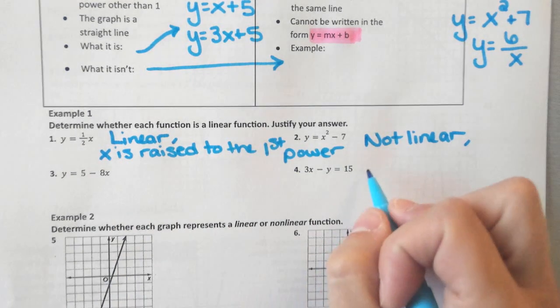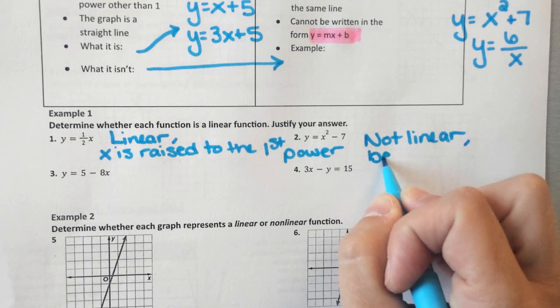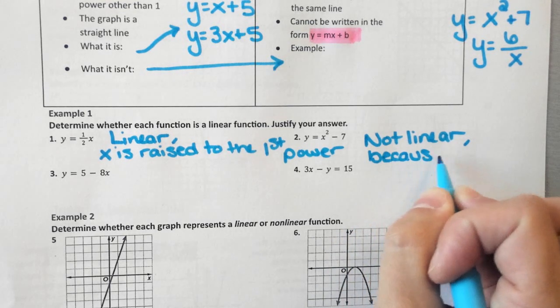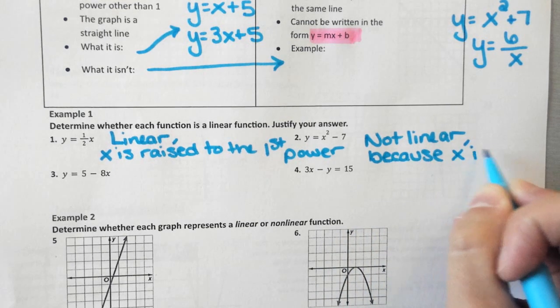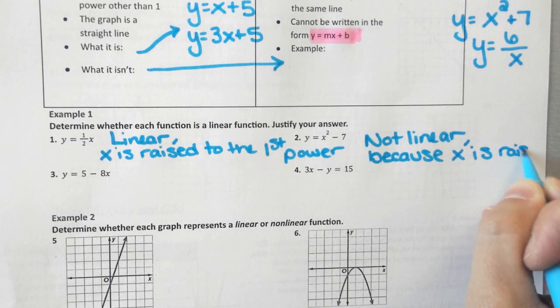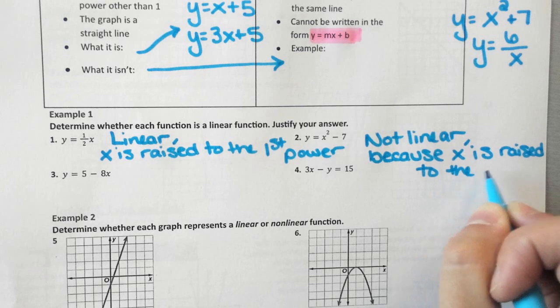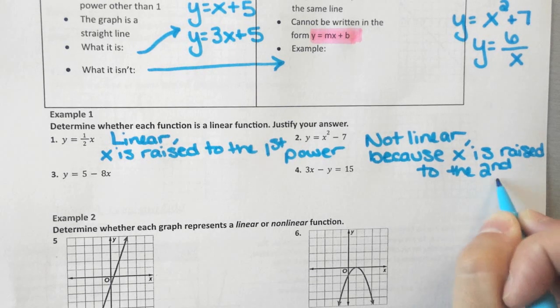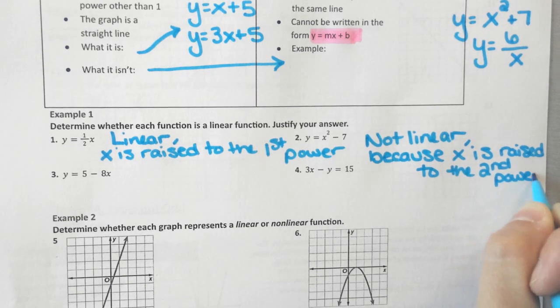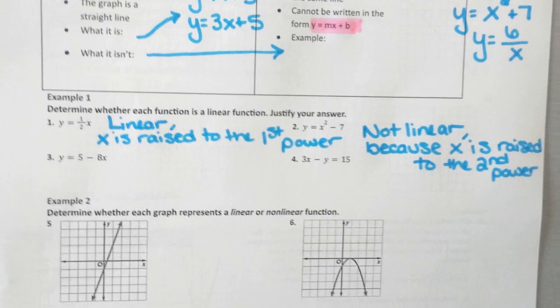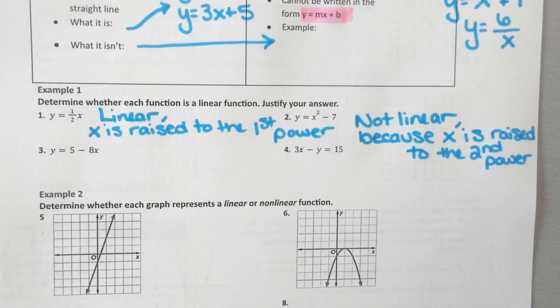So we can say because x is raised to the second power. So instead of being raised to the first power, it's being raised to the second power. So that's how we know.